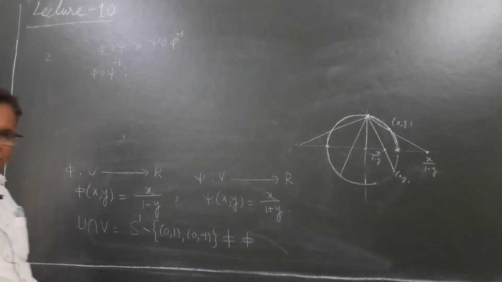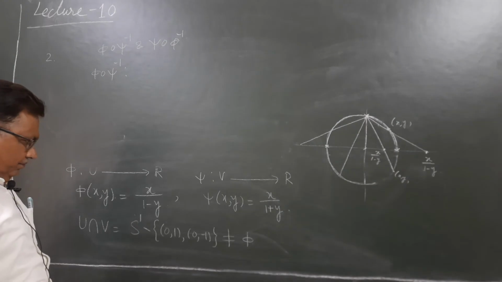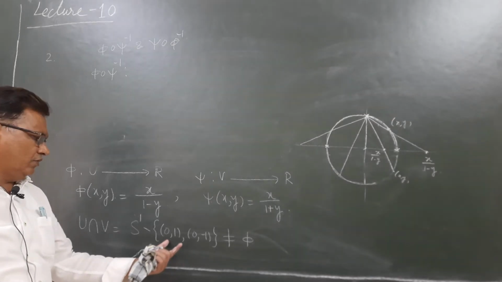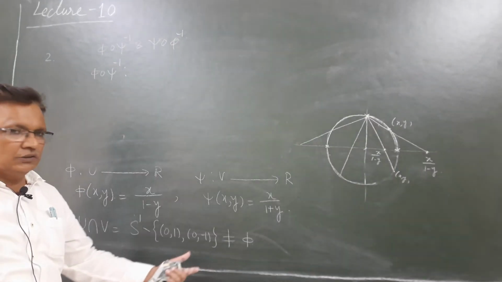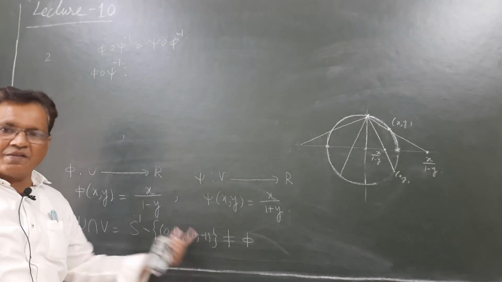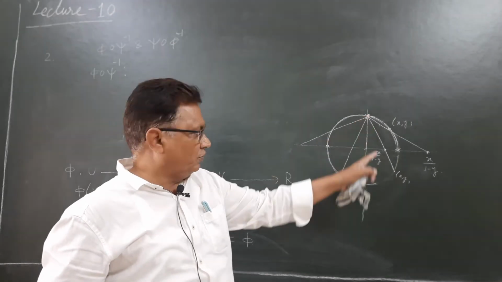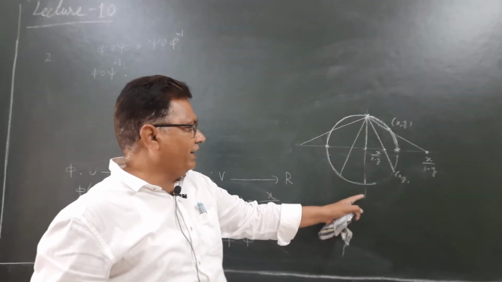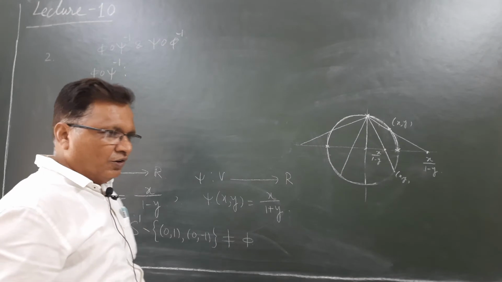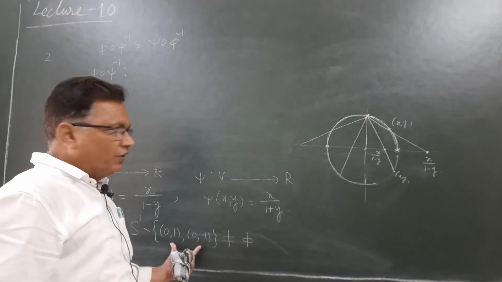What will be the domain and range of phi composition psi inverse? From the entire circle, only 2 points are removed, one (0,1) and one (0,-1). So when you go back, you have to see what their images are. Under psi, the image of the north pole is 0. Under phi, the image of the south pole is 0. This means 0 is the image of these 2 poles which I have already excluded, so 0 will be excluded from the image space.